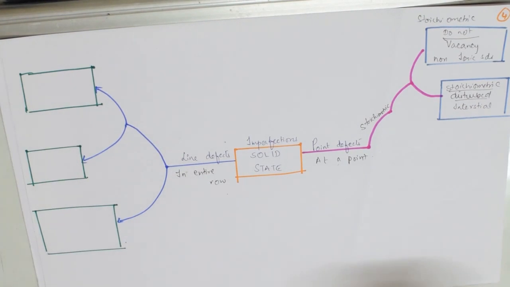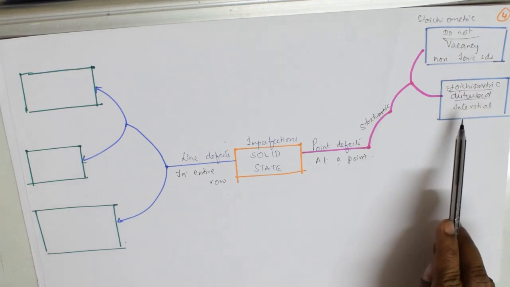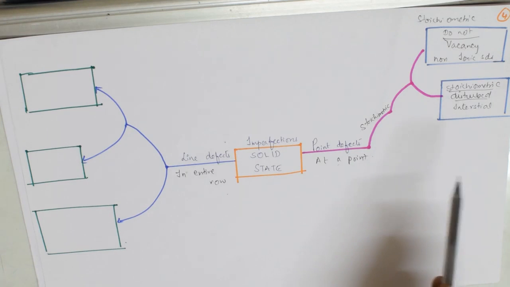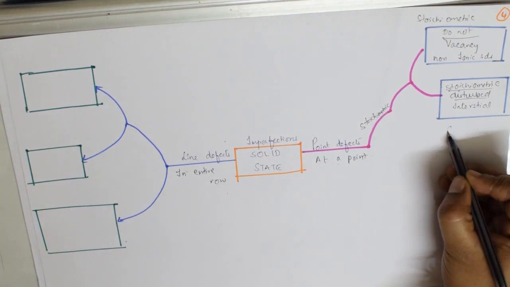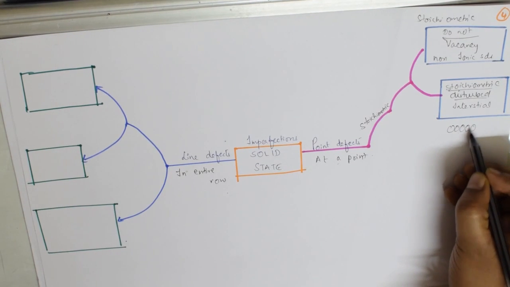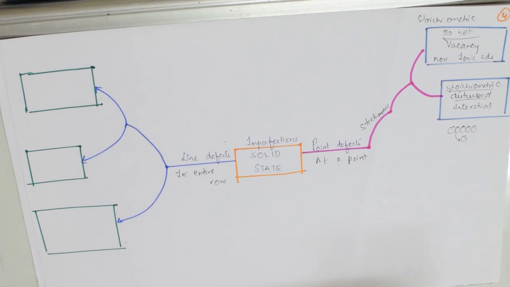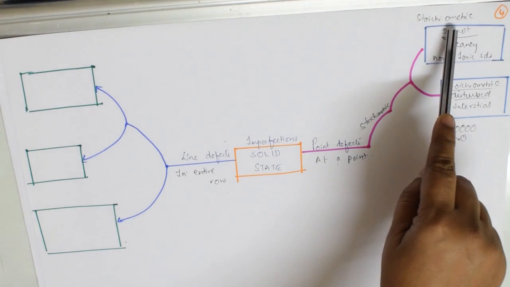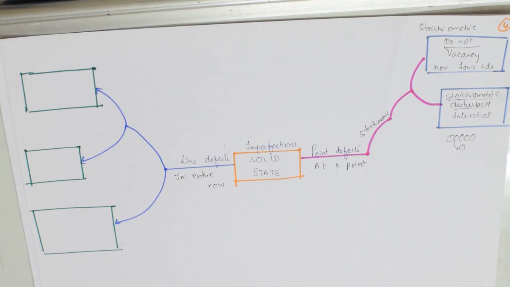Here we said only the vacancy is created in the lattice sites, but in the interstitial defect, the particles in the lattice sites go and occupy the interstitial space. One of the particles goes and occupies the interstitial space. This is also observed in non-ionic solids. So remember students, stoichiometry not disturbed is vacancy, stoichiometry disturbed is interstitial.